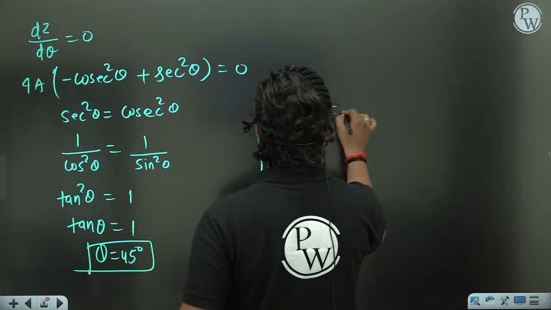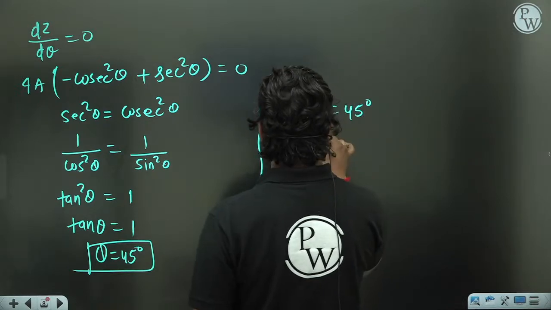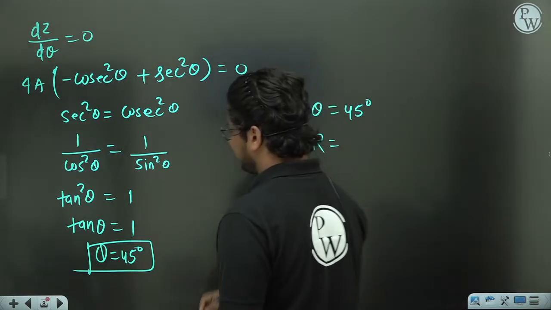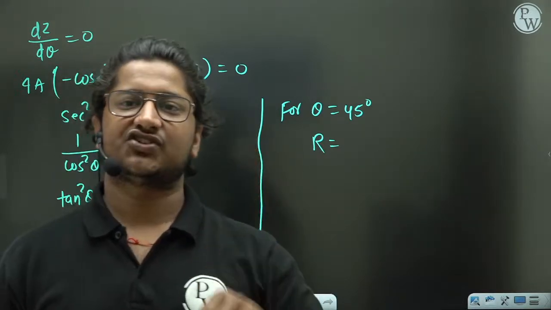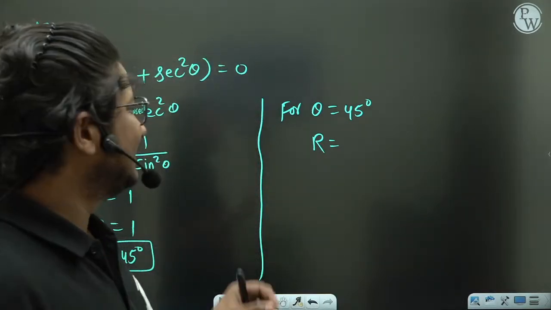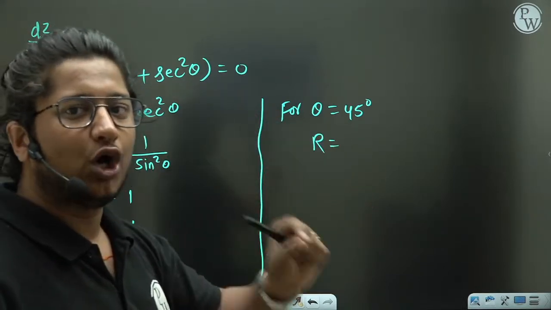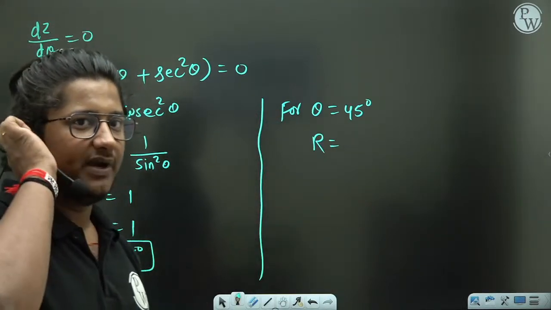During channel geometry, for theta equal to 45, those who have revised, they can tell me r equal to. In the channel geometry topic, when I was discussing the triangular section, I gave a special case: when theta equal to 45, what will be the value of r? You guys can comment.